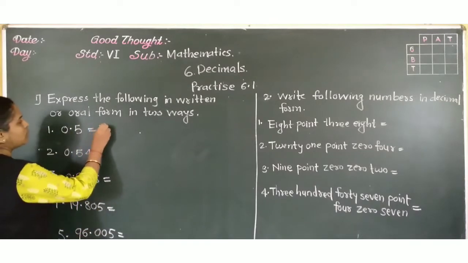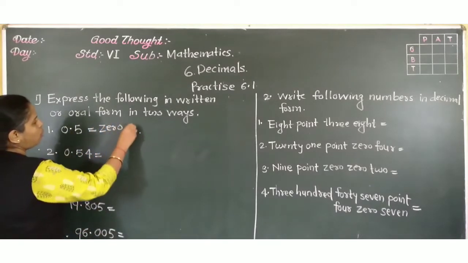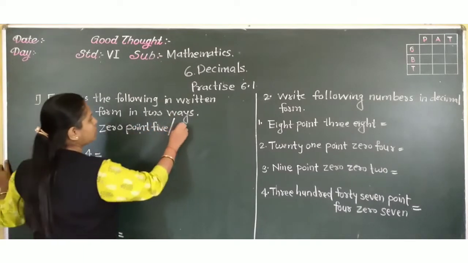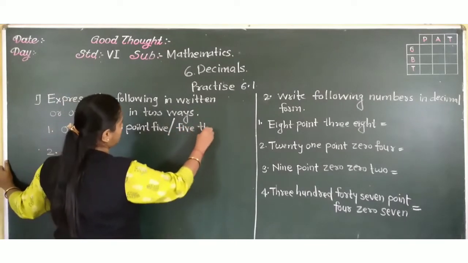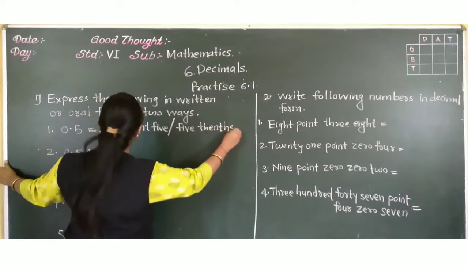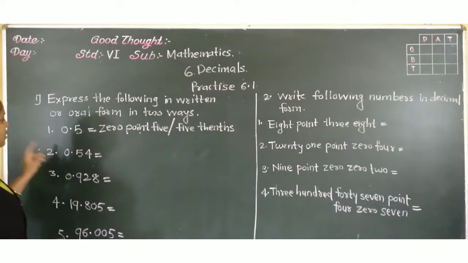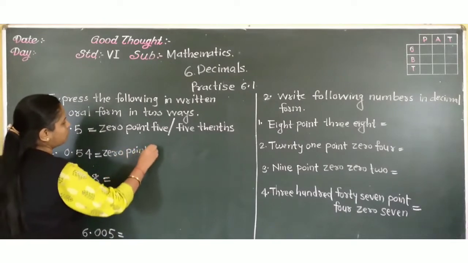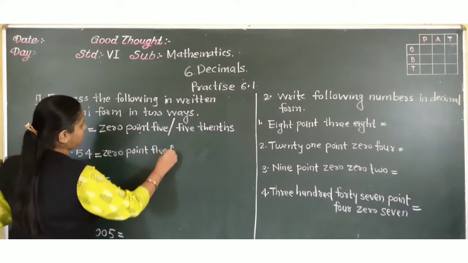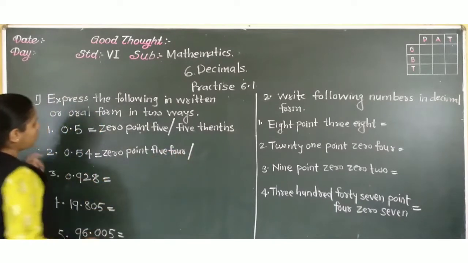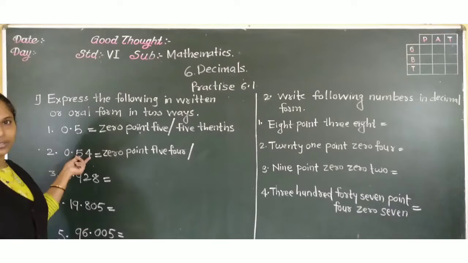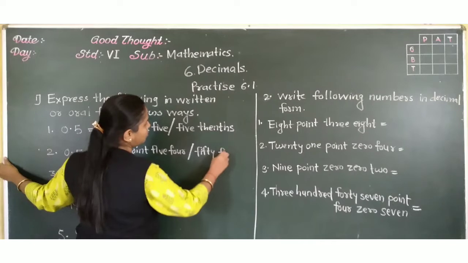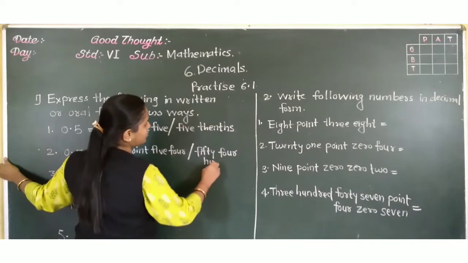So see here, we can write 0.5. 54 hundredths.